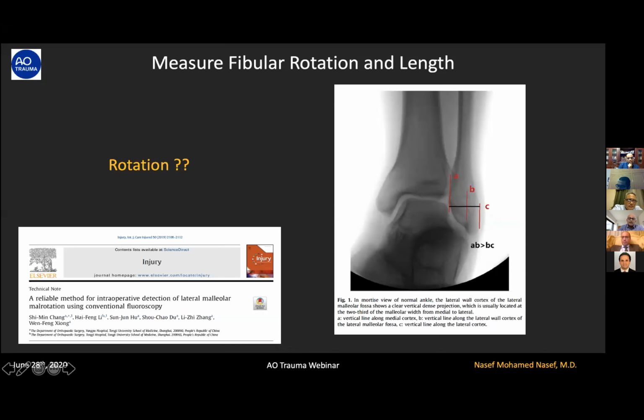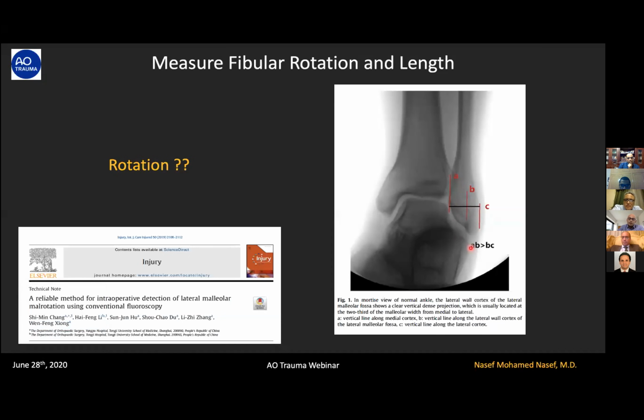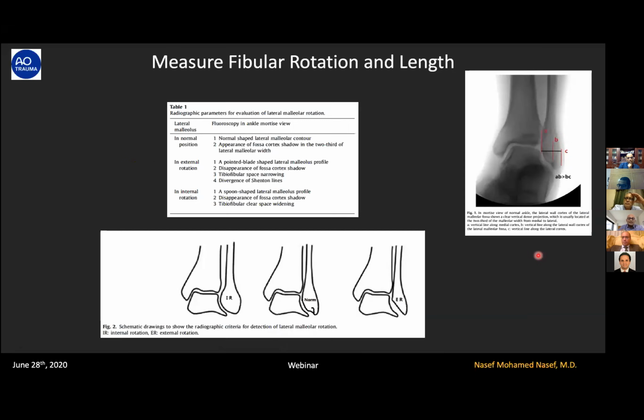So you take a line across the lateral talar cortex and the medial talar cortex, and this is the malleolar fossa. Now, AB, this line, should always be more than BC, and the number is almost 1.3. Now, let us take this clinically and look at the picture.